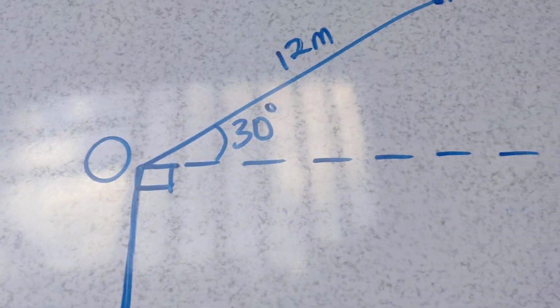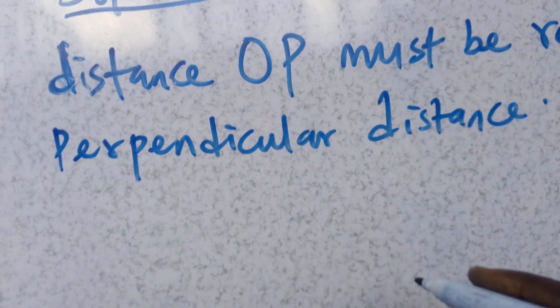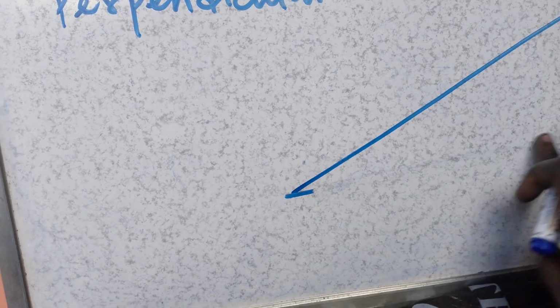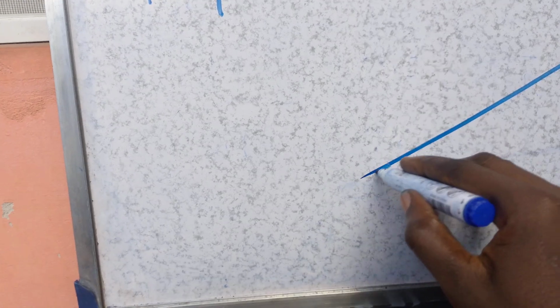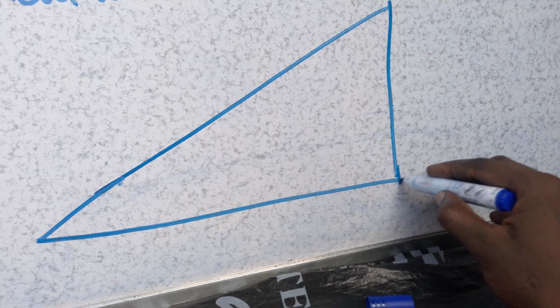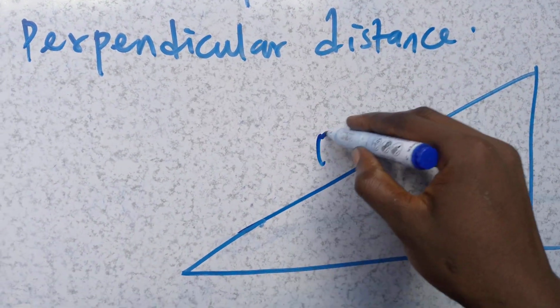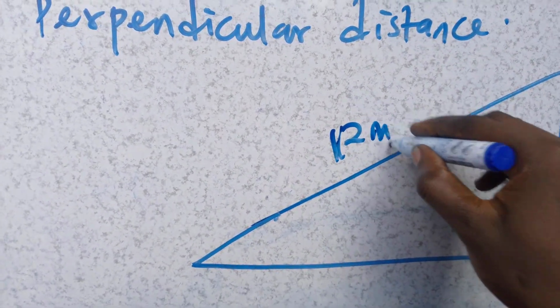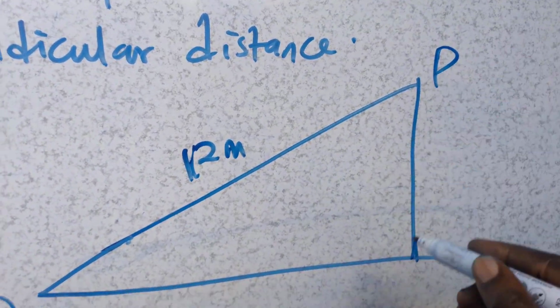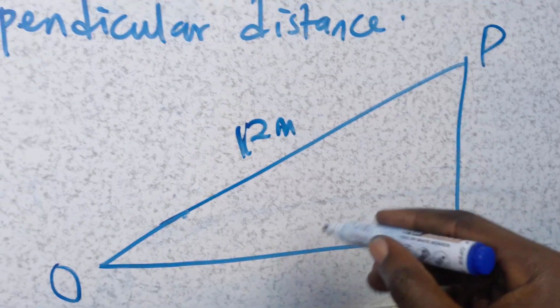So if I take that portion out, if I cut it out now, I have something like this. And I have here 12 meters. This is point O. This is point P. You can call here 90 degrees.